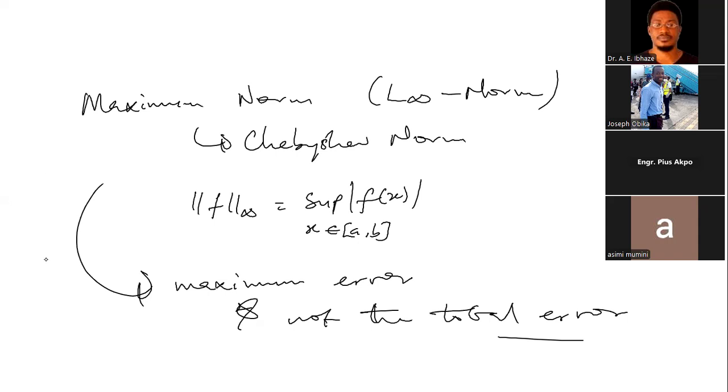Then the final one I'll mention just before we say goodbye for today is the Sobolev norm. So this literally applies when we want to ensure smoothness.